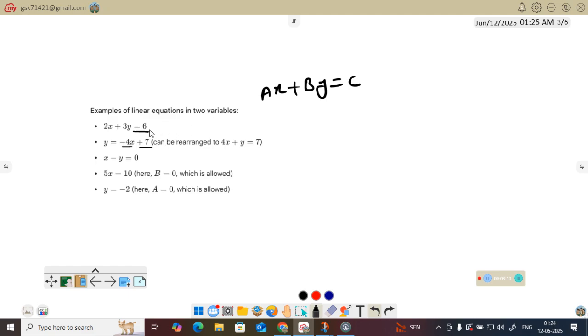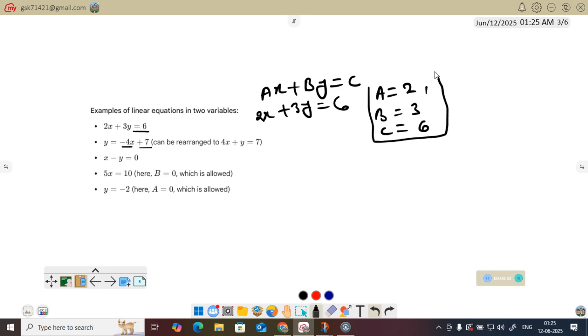When compared with the standard form, a equal to 2, b equal to 3, c equal to 6. Another example is y equal to minus 4x plus 7.